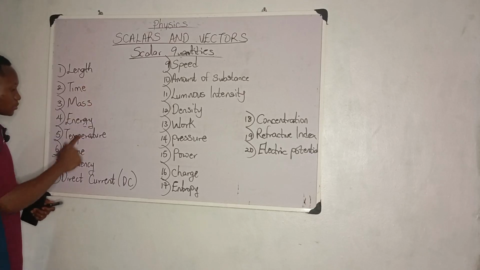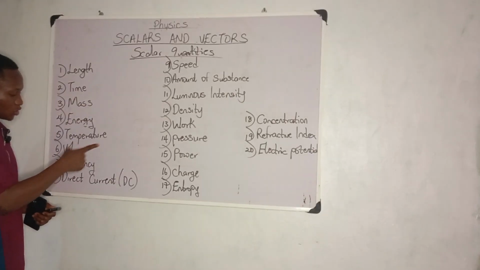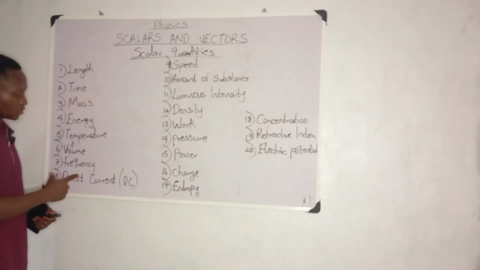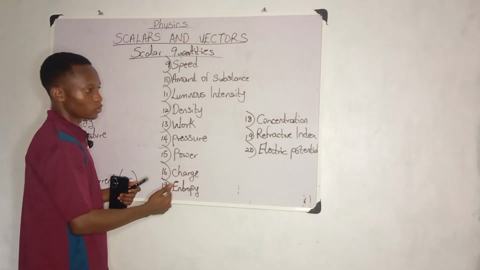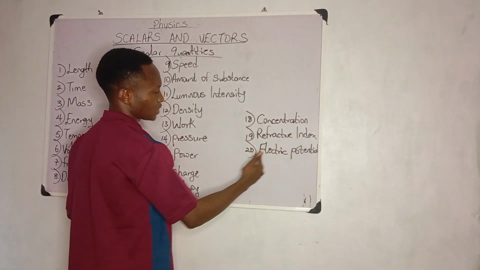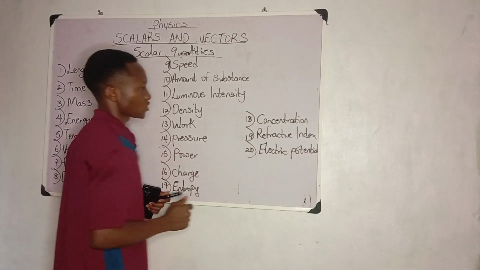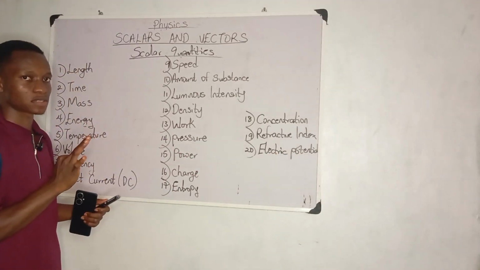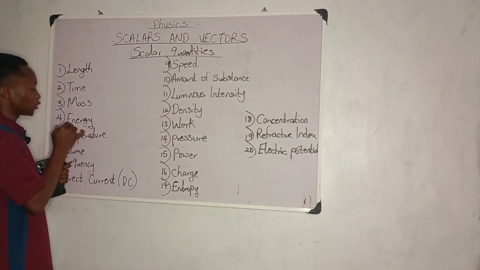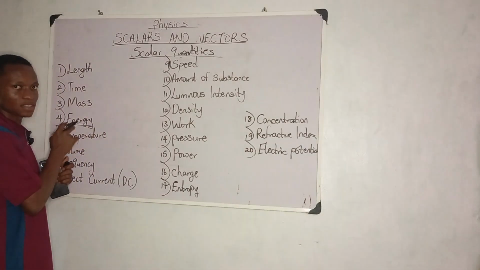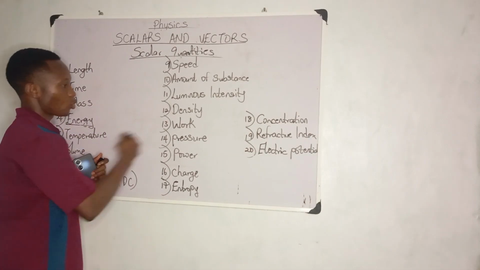No force in time, no force in temperature, no force in frequency, no force in current, no force in the formula for charge, no force in the formula for refractive index, and even electric potential. So just 3 or 4 quantities that are actually scalar. The reason is this. Now, if it comes to this is energy. This is energy. This is work.